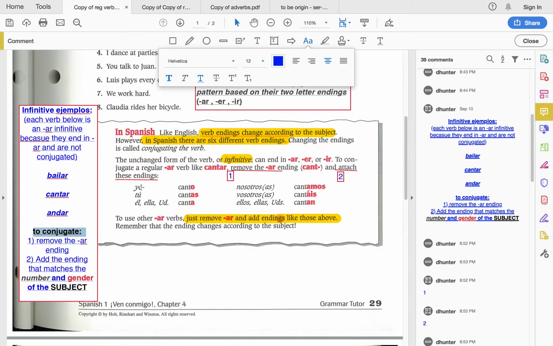So, yo cantar will become yo canto. Tú cantar will become tú cantas. Nosotros cantar, we sing, would be nosotros cantamos. Again, remove the AR, add the correct ending.